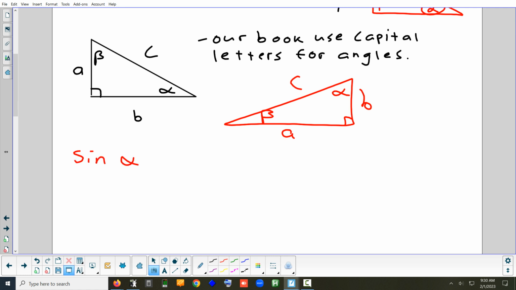Sine of alpha. Just like what we did in the notes, except now you don't know what the angle is. You don't know the side. It's going to be all letters. I'm going to use this angle this time. Using the definition of sine, from the perspective of alpha, what would sine alpha equal?